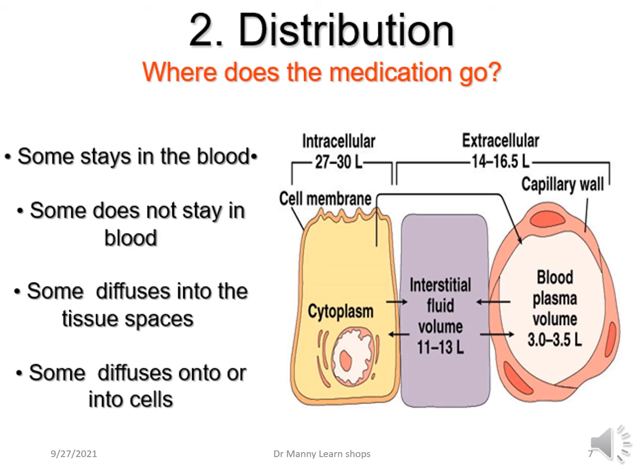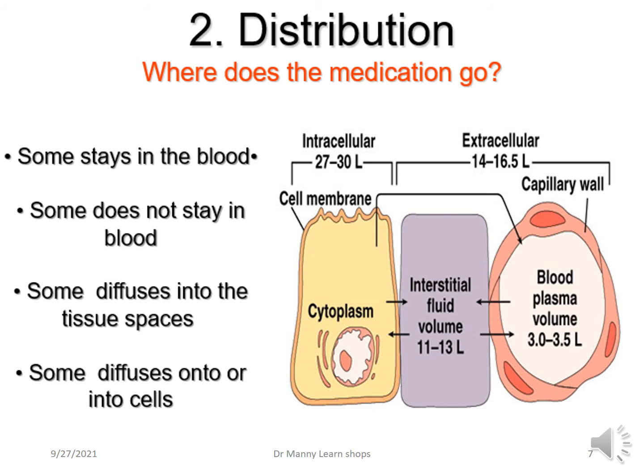Then you've got distribution. What does that mean? Distribution means where does the medication actually go? Some stays in the blood, some does not stay in the blood. Some diffuses into the tissue spaces, which could be intracellular or interstitial.